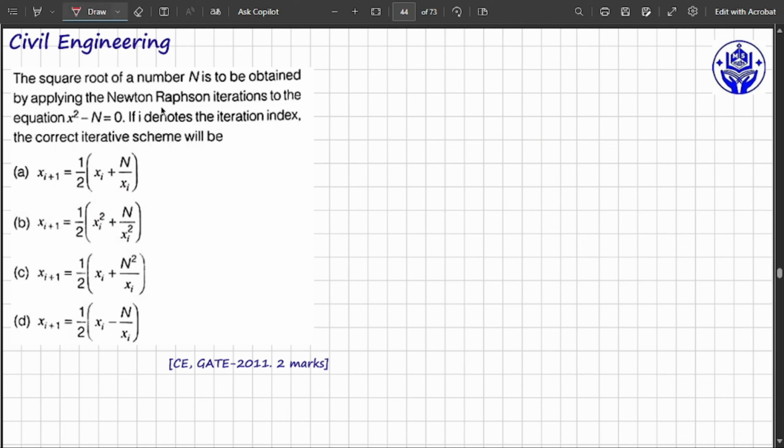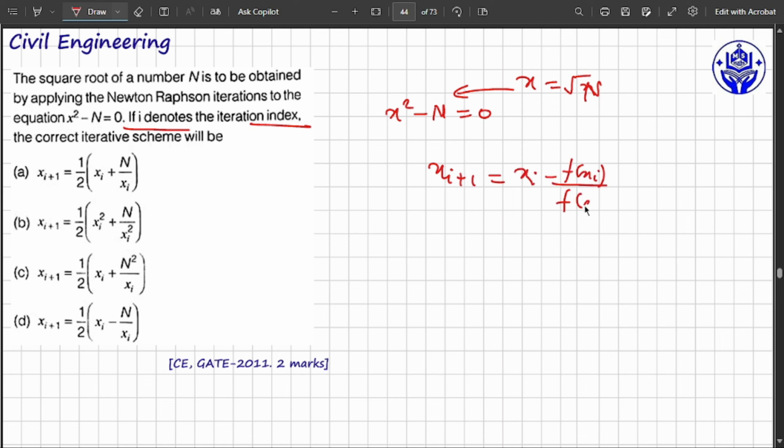Next question: if x square minus n is equal to 0, the square root of a number n is x equals root of n, then this equation can be derived using this. If i denotes the iteration index, then the correct iterative scheme is x(i+1) equals xi minus f of xi divided by f dash of xi. So it is nothing but xi minus (xi square minus n) divided by twice of xi.